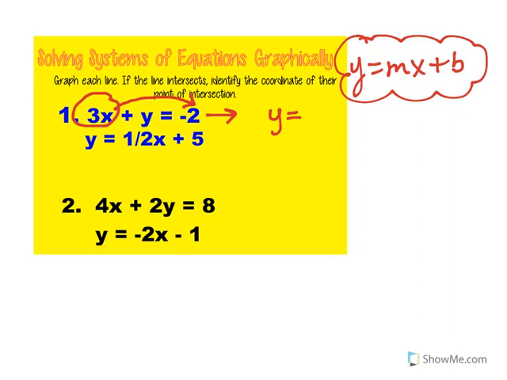So you'll have y equals -2 minus 3x. Or if you rearrange it, it would be -3x minus 2. And then the second equation is already written in slope-intercept form.